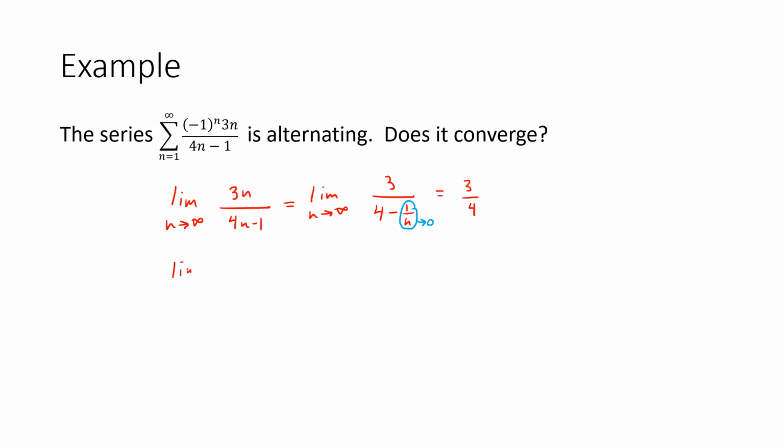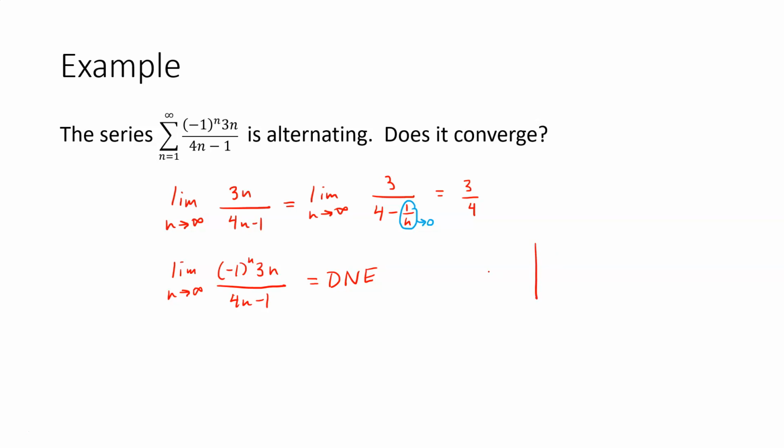So here, when I take the limit as n goes to infinity of the terms with the alternating factor, well, because it doesn't go to 0, this limit doesn't exist.